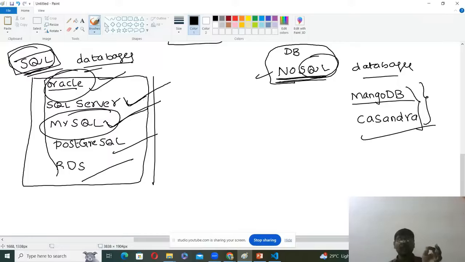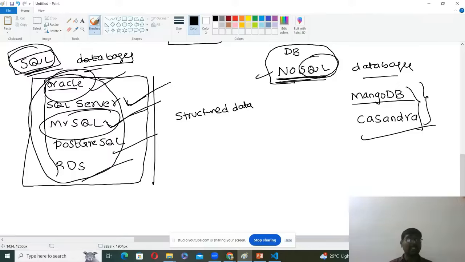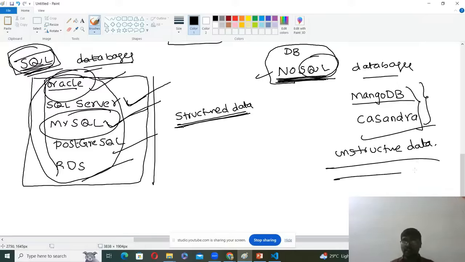SQL databases store structured data, that is, all these databases use SQL. SQL performs operations on the structured data. NoSQL performs operations on unstructured data.